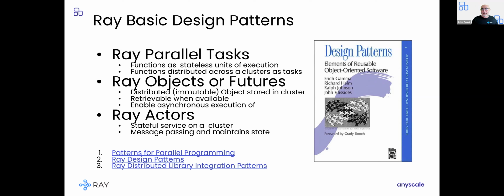These are stored in what we call the Plasma store, the Apache Plasma store, which is part of the shared memory of each and every node, and is shared across the entire cluster. This enables you to do a lot of things asynchronously because you don't block on anything. You schedule a particular task, you could be doing other work for a while, you get an object reference back, and at some point in the future you can inquire about the state of that future.